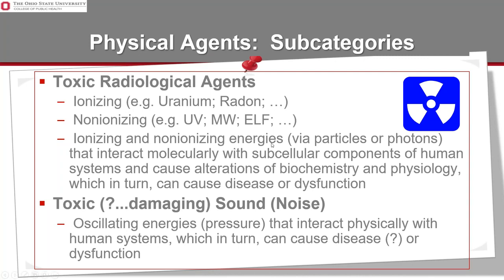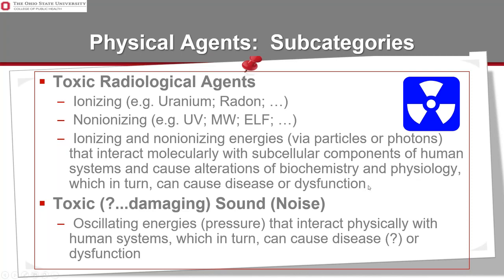But what they have in common is energies, and these energies can interact when there's exposure and interact molecularly and subcellularly to initiate vibrational and thermal changes that result in alterations of biochemistry. That's the structure and physiology, the function at the subcellular level with manifestation at the system level.